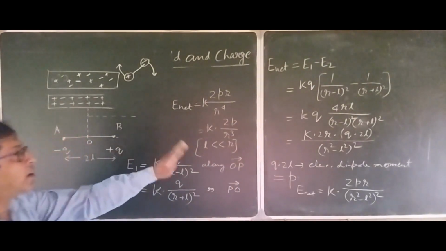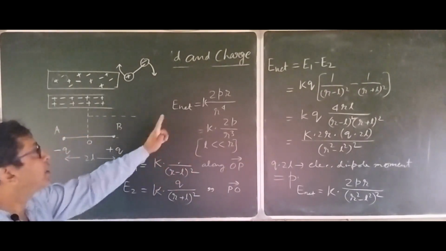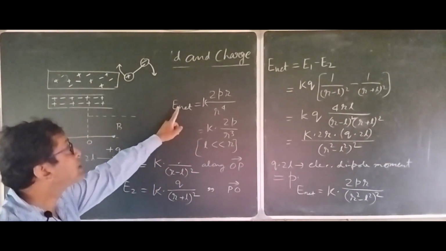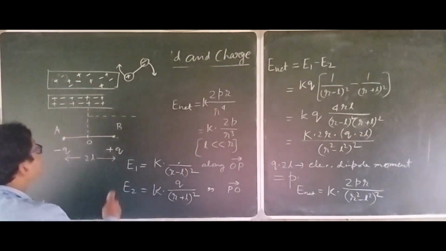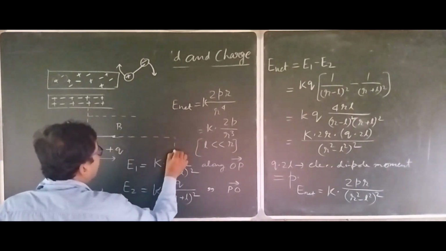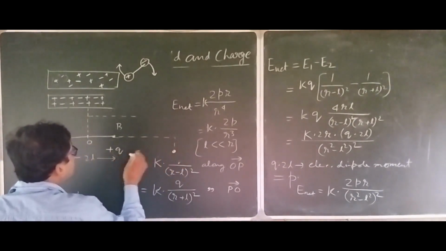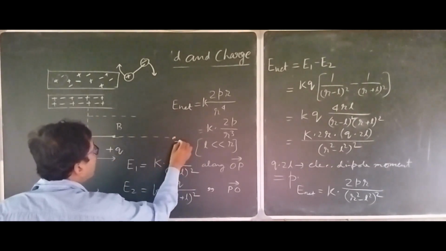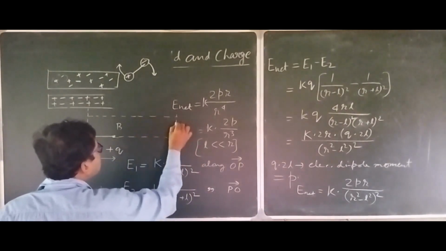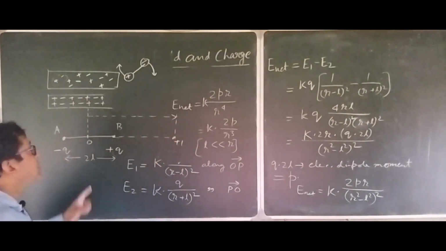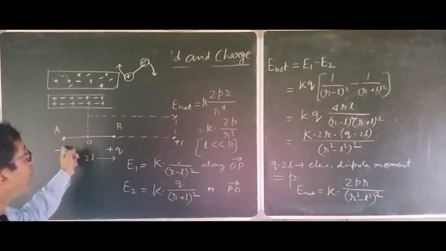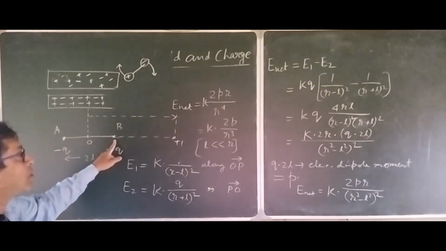So this is the amount of electric field intensity, that means the force felt by a unit positive charge when it is placed at a distance from the midpoint of an electric dipole.